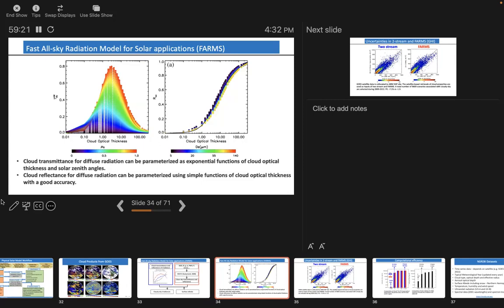So essentially there are a lot of curves in there, and these curves represent the angle of the sun. That's what is represented. Mu zero, and DE is the effective diameter of the particle, basically. So mu zero is the angle of the sun, and DE is the effective size of the particle.